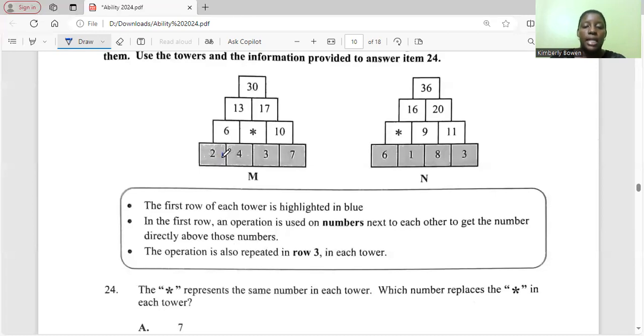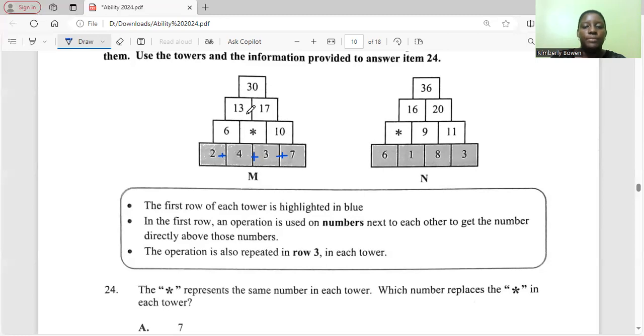From how I'm looking at it, I can see that there's a plus here. There's clearly going to be a plus here because there's a plus here. 2 plus 4 gives you 6. I'm not adding this part as yet. And then 3 plus 7 gives you 10. So that's correct.